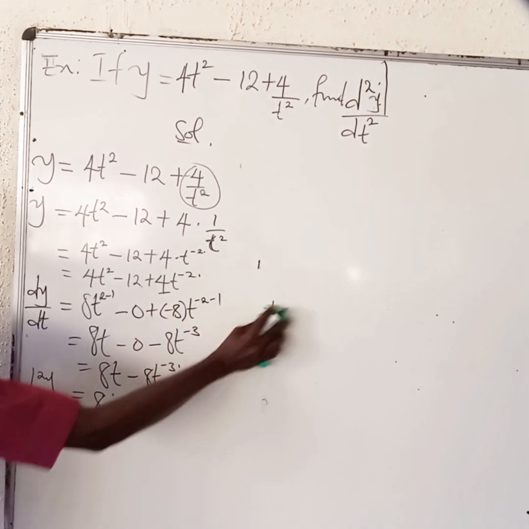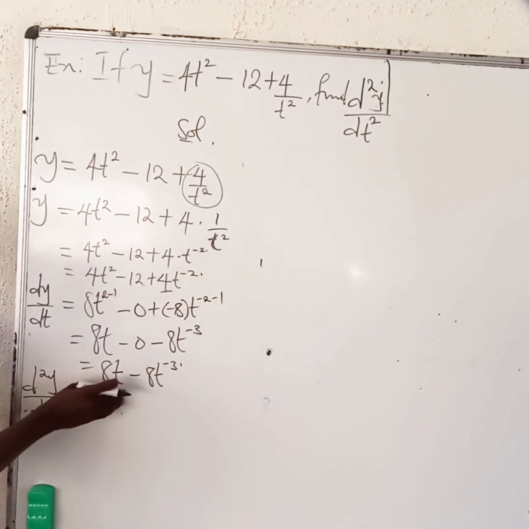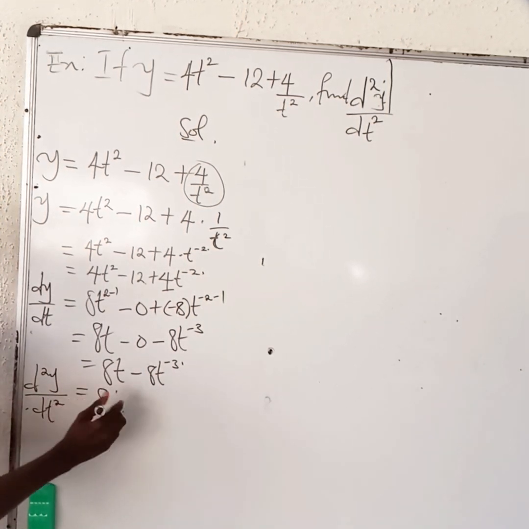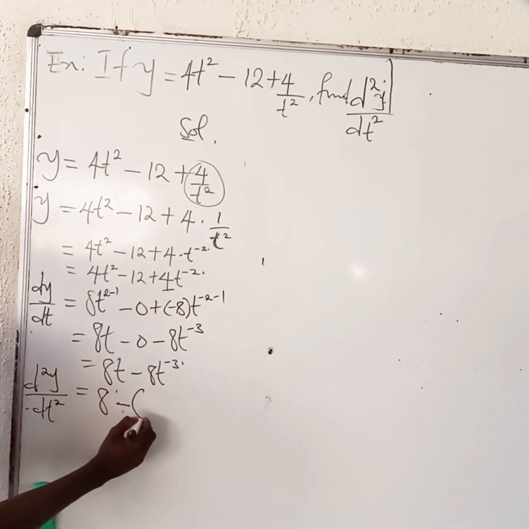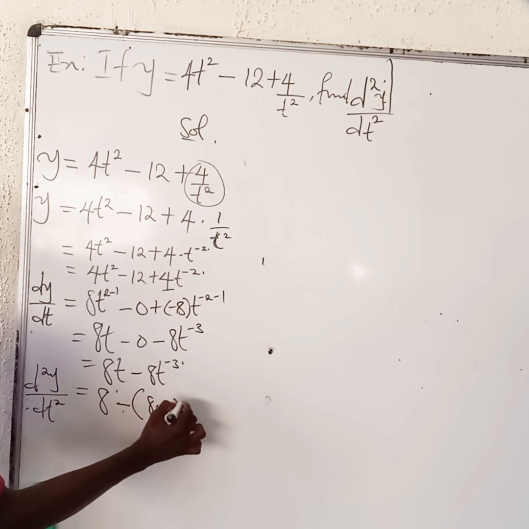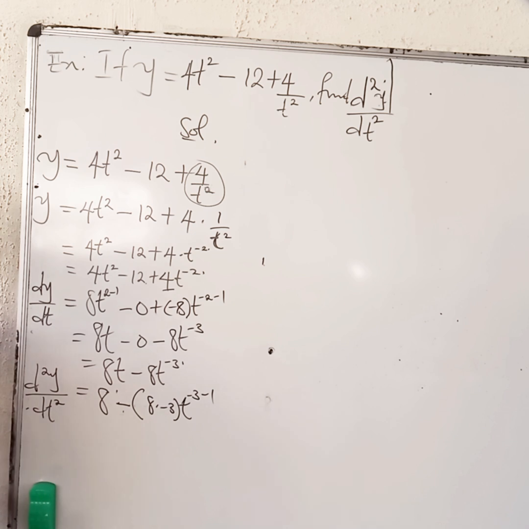So when I'm differentiating this term again, it's going to be 8 minus, in bracket, minus 8 multiplied by minus 3, times t raised to power minus 3 minus 1.